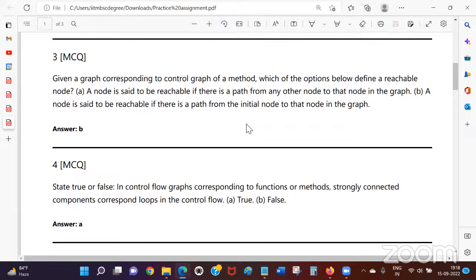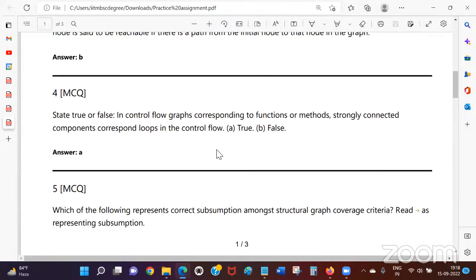Two nodes are connected, but that doesn't make it a reachable node. Reachable node is option B: the node is said to be reachable if there is a path from the initial node to the target node in the graph. Then only it's a reachable node. And for a reachable path, both the vertices should be reachable from the initial node. So there must be a path to both the nodes.